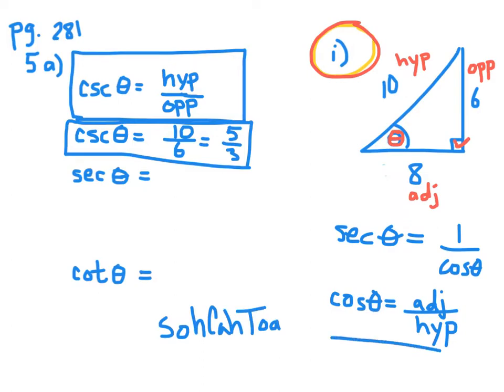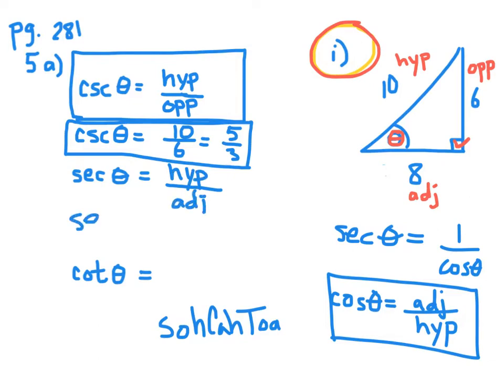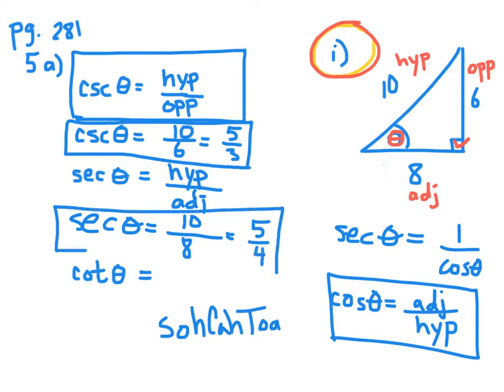So we know cos is adjacent over hypotenuse. Well, if secant is its reciprocal, then secant is hypotenuse over adjacent. And we do have the hypotenuse and the adjacent of that triangle. The hypotenuse is 10, the adjacent is 8, and we can reduce 10 over 8, both are divisible by 2, so this is 5 over 4. So secant theta is 5 over 4.